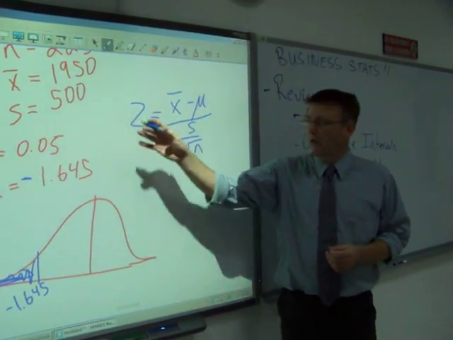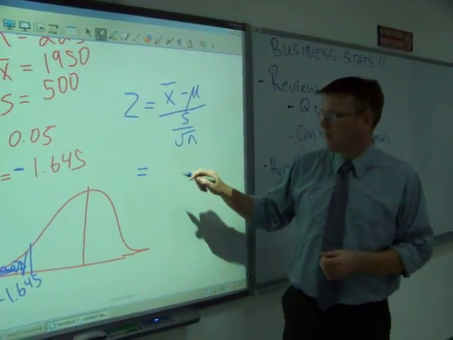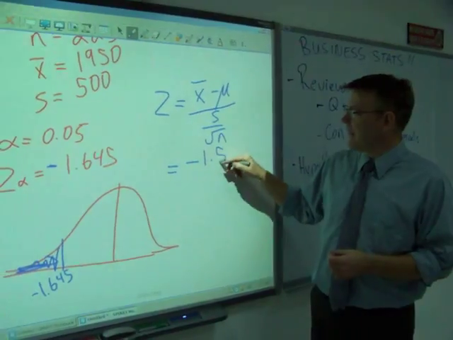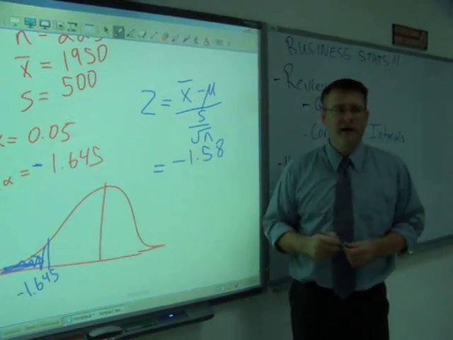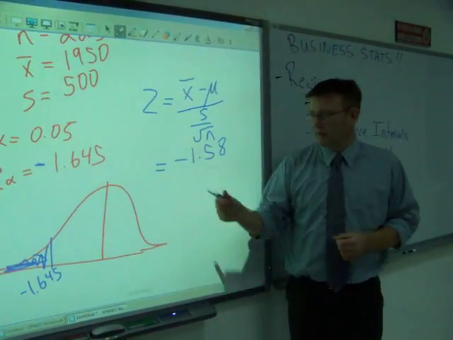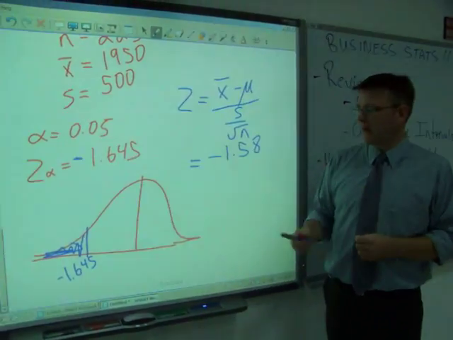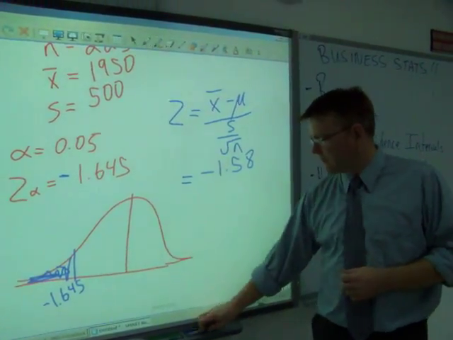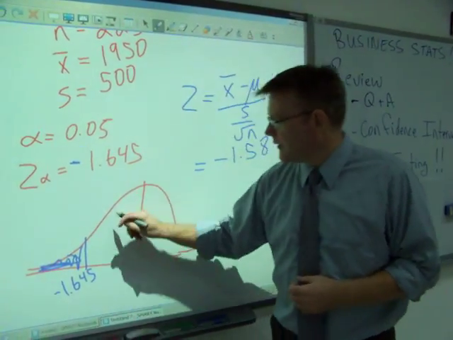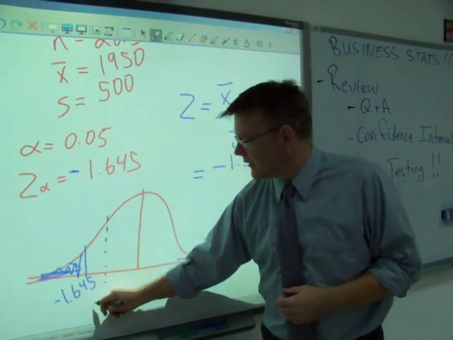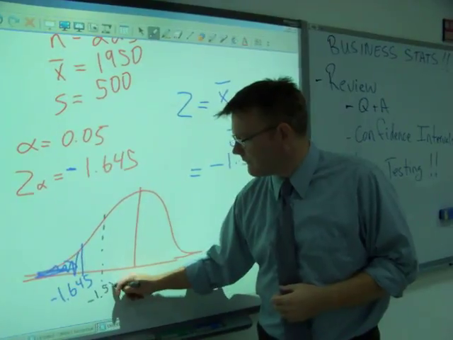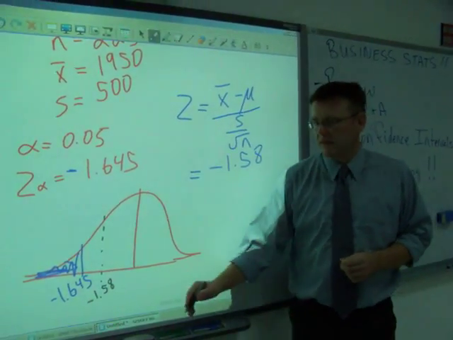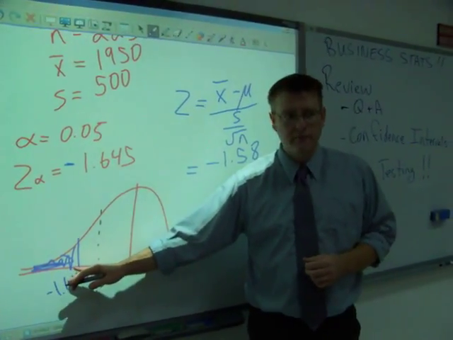We can throw them into this formula, and we will get a value of negative 1.58. Where in this normal distribution is that value going to lie? It's going to lie roughly right around there, outside of the rejection region.